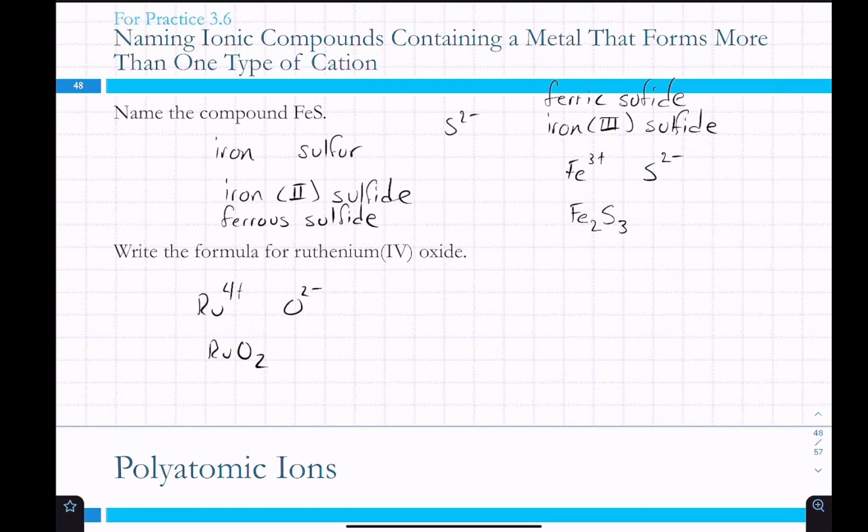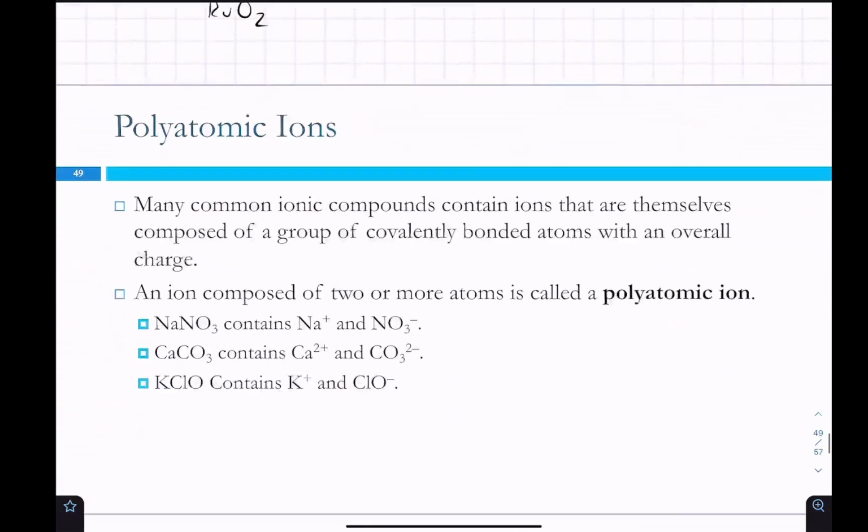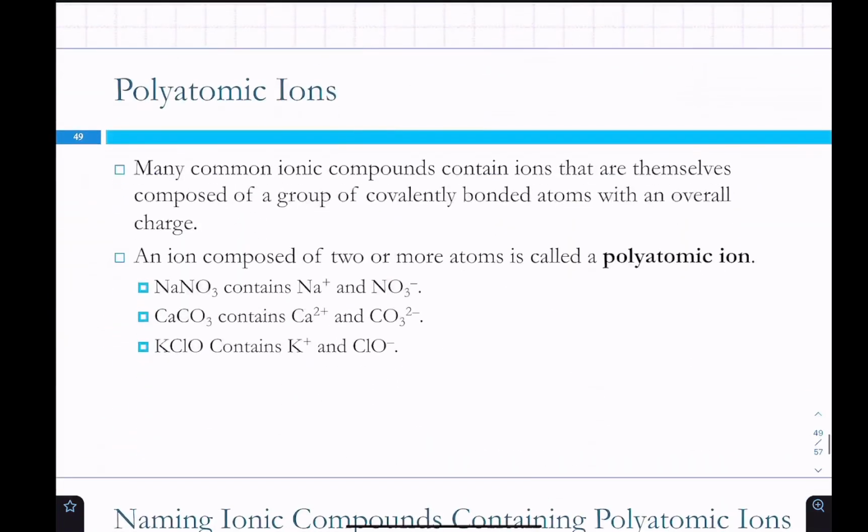Okay. So those are ions forming multiple charges. Polyatomic ions. Polyatomic ions are a whole heap of fun. There's a lot of them, especially oxyanions. You're going to see a lot of these compounds, especially nitrates.